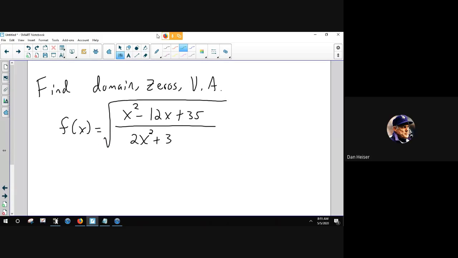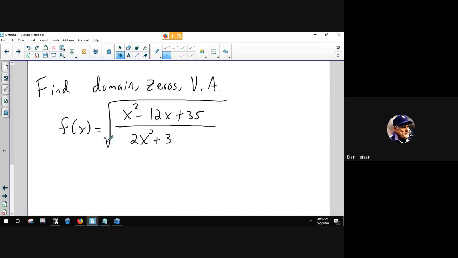Same function as the last one, with a twist. Square root. What does that change? Well, doesn't really change a whole lot. The denominator cannot be 0.